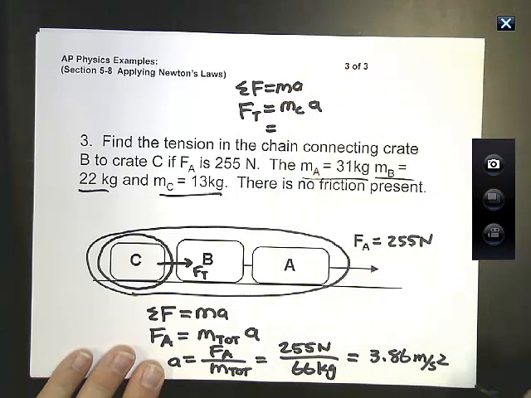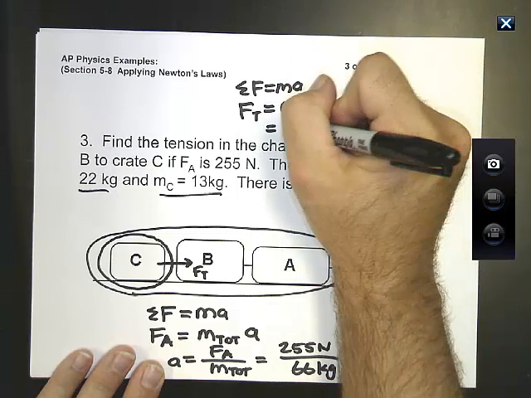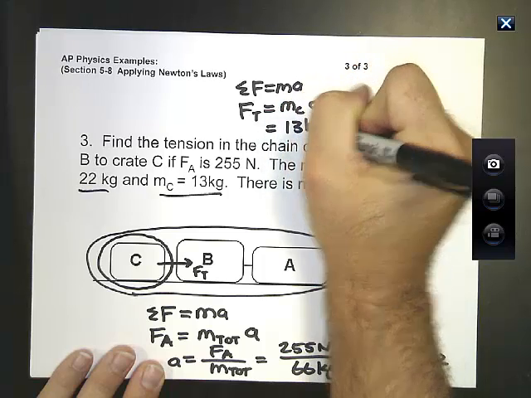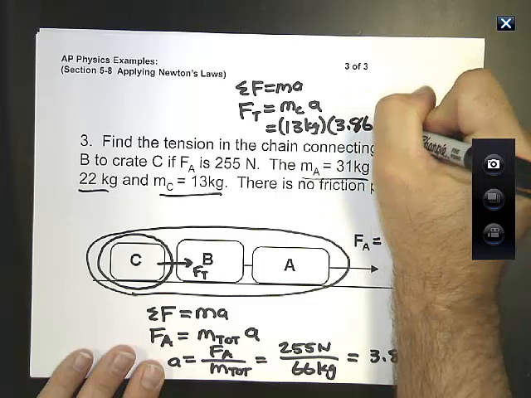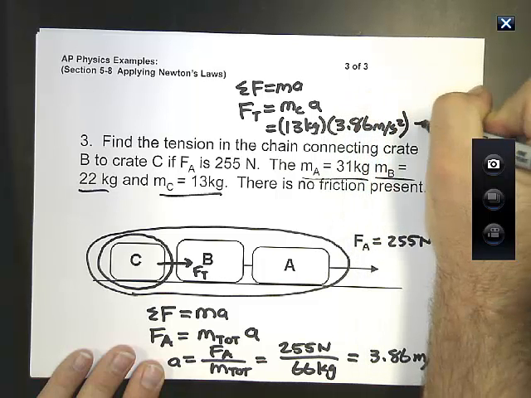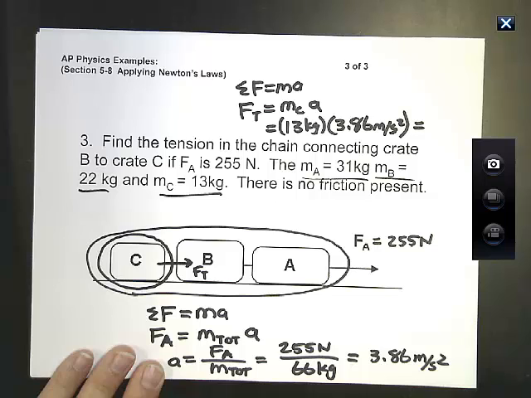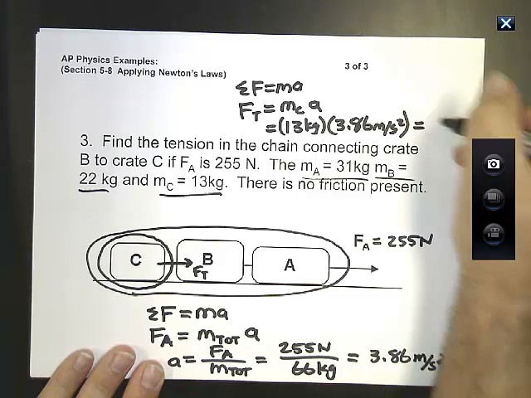The mass of block C is given as 13 kilograms. We just calculated the acceleration as 3.86 meters per second squared. So that means we have a tension of 50 newtons.